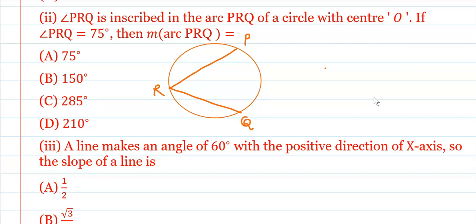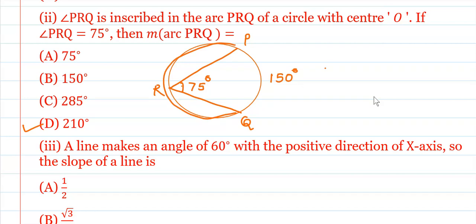PRQ is inscribed in the arc PRQ. Measure of angle PRQ is equal to 75. Okay. Now what is the measure of arc PRQ? Now as the measure of angle PRQ is 75, therefore measure of arc PQ is 150 by inscribed angle theorem.